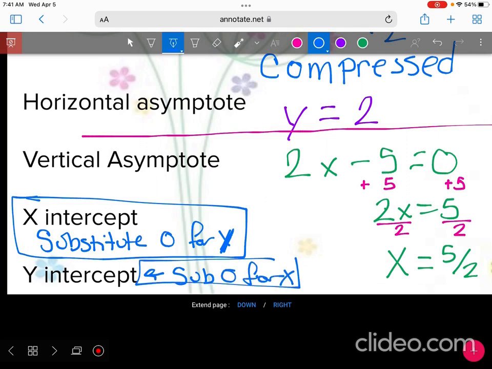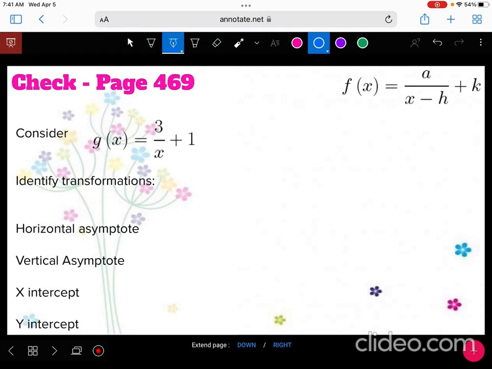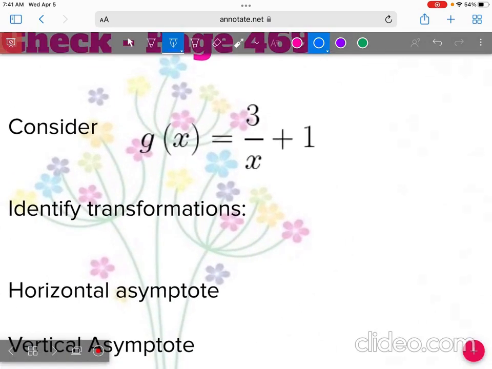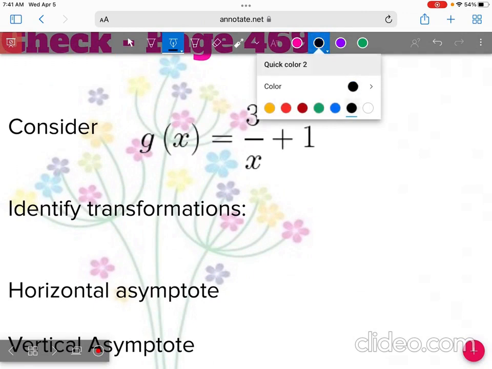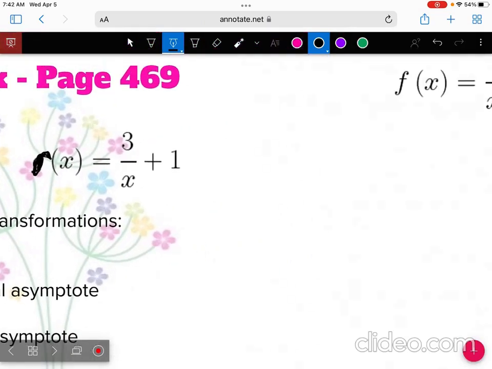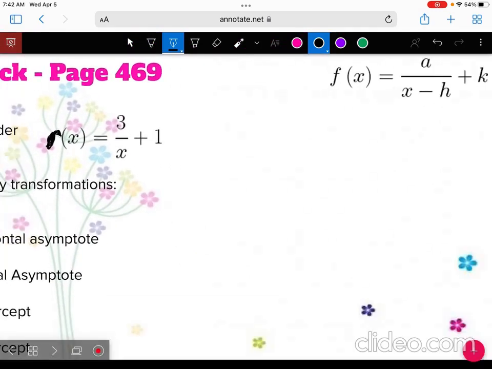So let's look at the next one and identify some more transformations. This one's part B. R of x. Oh, mine says g of x up here, but your page says r of x. There we go, r of x. So look at your transformation forms. What do we have here?